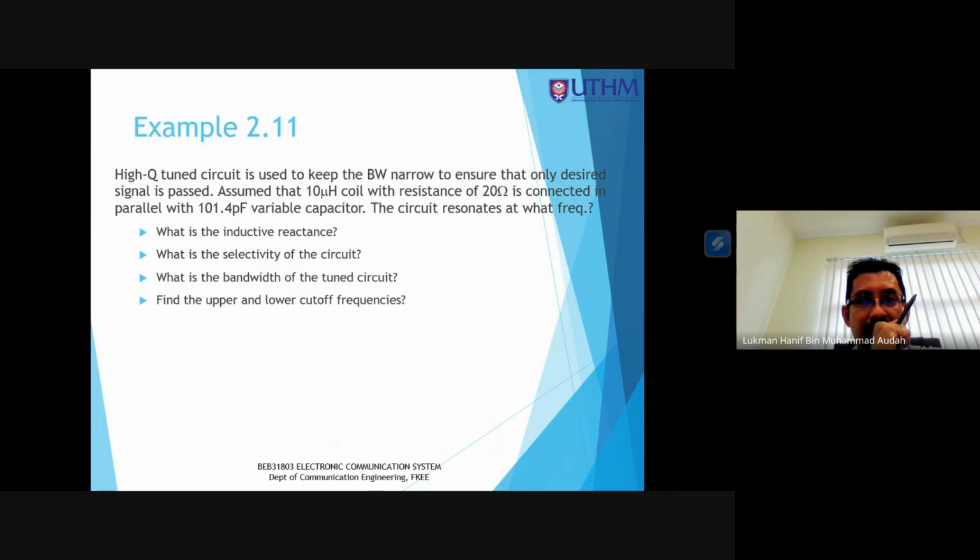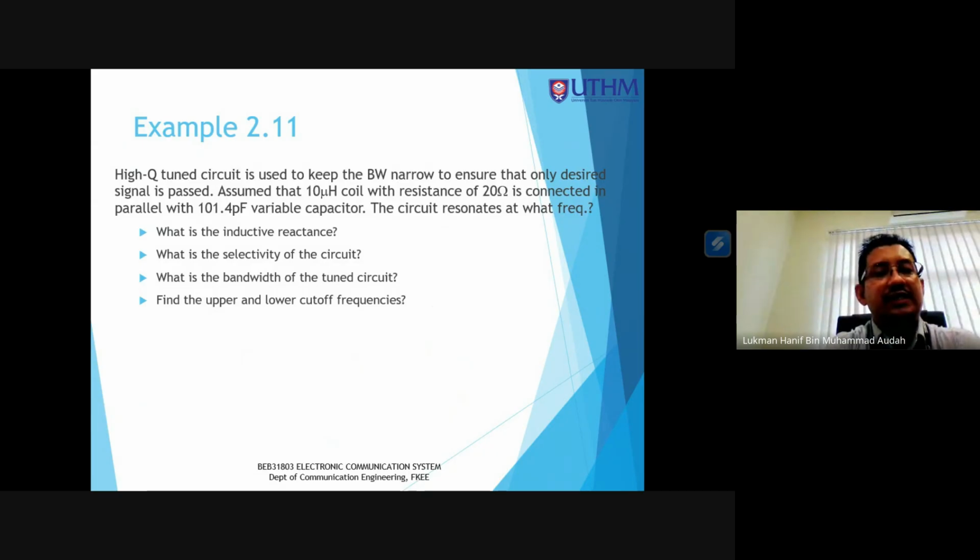So we're going to go through the first example, this is the example of the pre-selector. If you see a high quality tuned circuit, the word tuned circuit, this is actually the pre-selector.